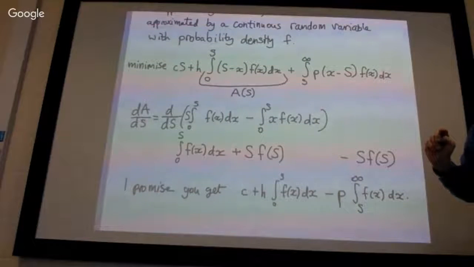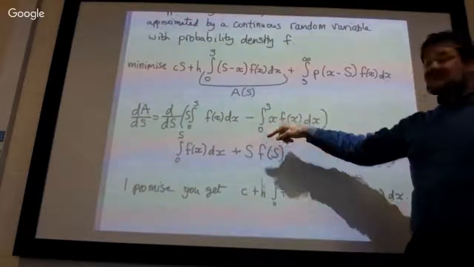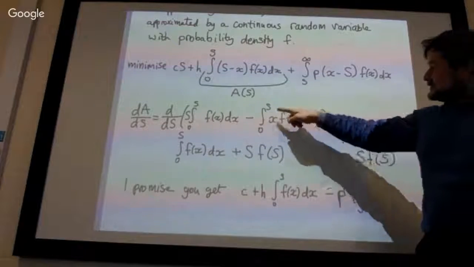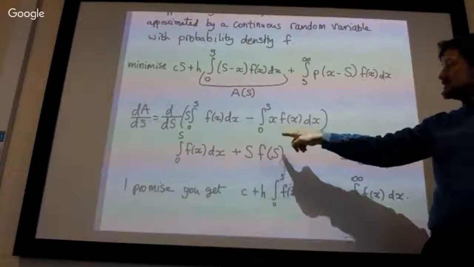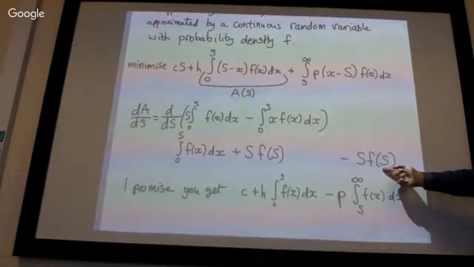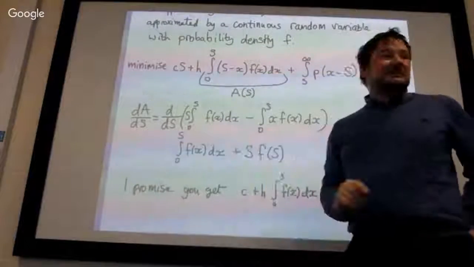So the fundamental theorem of calculus says that if you have an integral like this, from 0 to S, then its derivative by S is that function inside in S. So this gives you S times f(S). That's this bit here. And we used it here, and we got f(S), and S was before the integral.